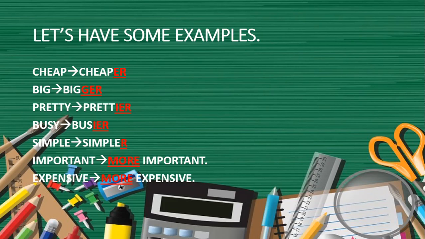So according to the rule, I just need to add "more" in front of the adjective, and the adjective stays the same. You see? Simple as that. These are regular adjectives, not irregular.